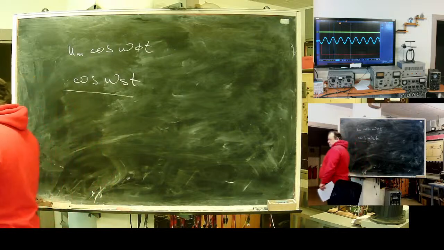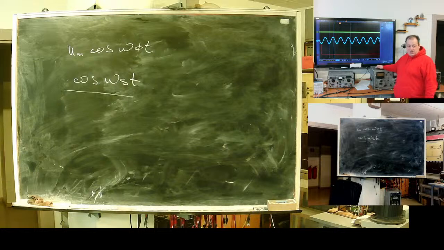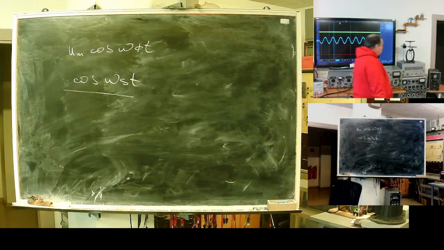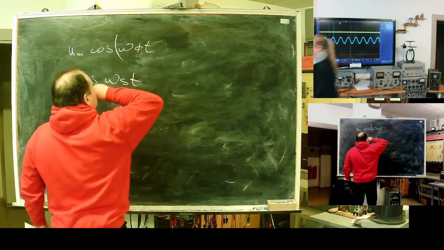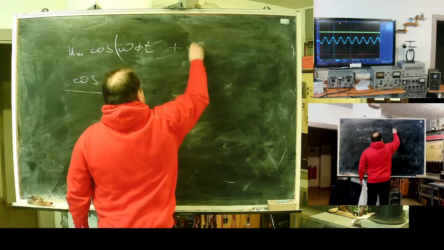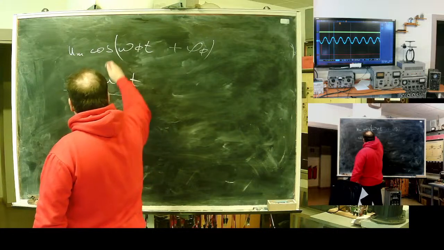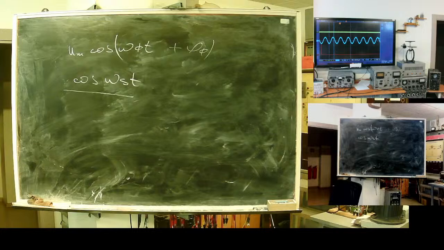For the beginning, to make it simple, I will assume that my information is a simple one frequency tone. I can add here some phi 0, beginning phase. I would like to use a carrier, I don't know, 100 megahertz signal to transfer my information.